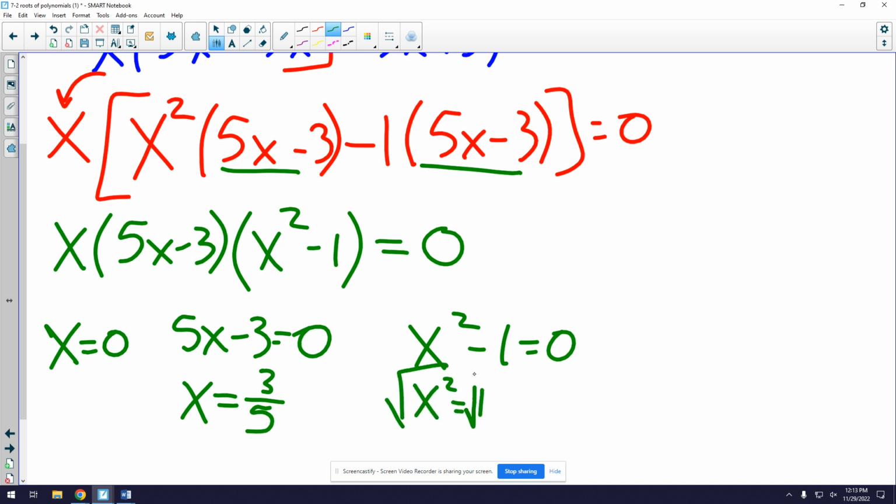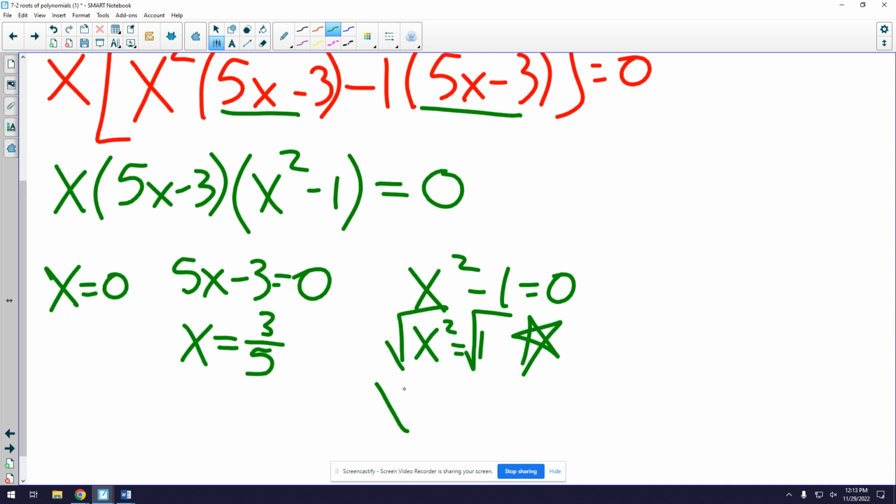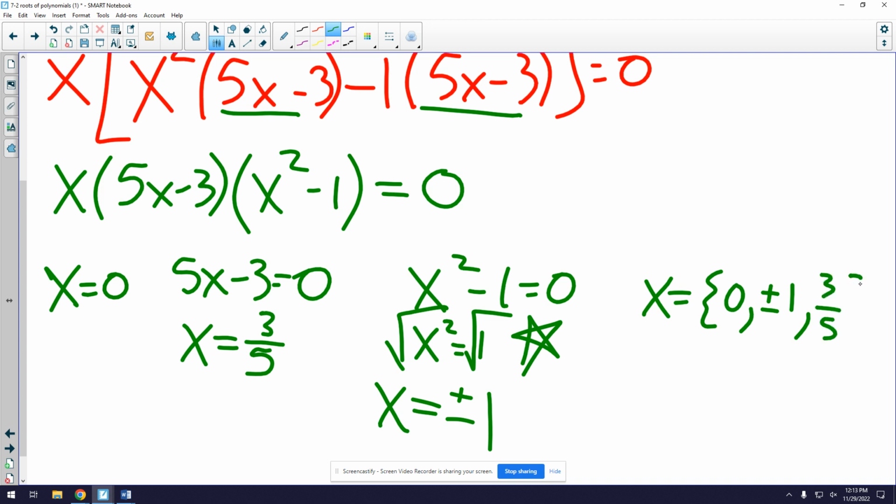Now here's where you need to remember that when you square root, you get two answers, because you get the positive and the negative. So you get plus or minus, the square root of 1 is 1. So your solutions are x equals 0, plus or minus 1, and 3 over 5.